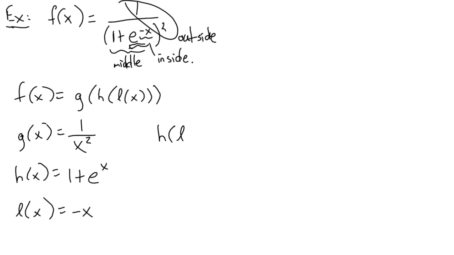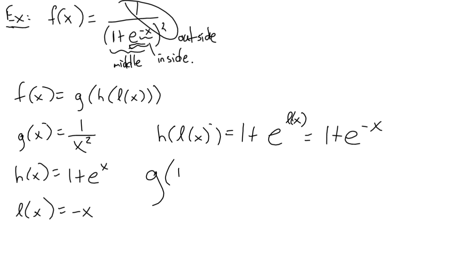If I do h of L of x, well, h says I do 1 plus e to the L of x, right? H just takes 1 plus e to whatever the input for h is. And L of x is negative x, so this is 1 plus e to the minus x. And then what g does, I'm putting in h of L of x here.